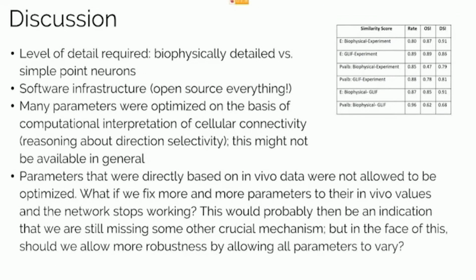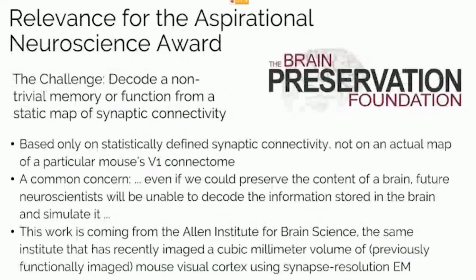What if we begin to fix more and more parameters as more empirical data become known, and at some point the network stops working or it stops behaving the way we want it to behave? This would then probably be an indication that we're still missing some other crucial mechanism, but in the face of a mechanism still missing, should we actually maybe allow more robustness in the network by allowing all parameters in principle to vary?